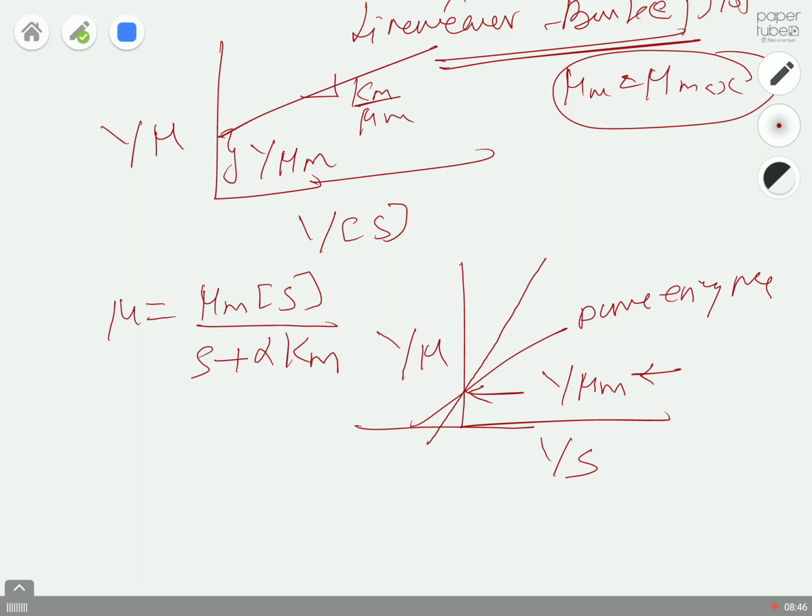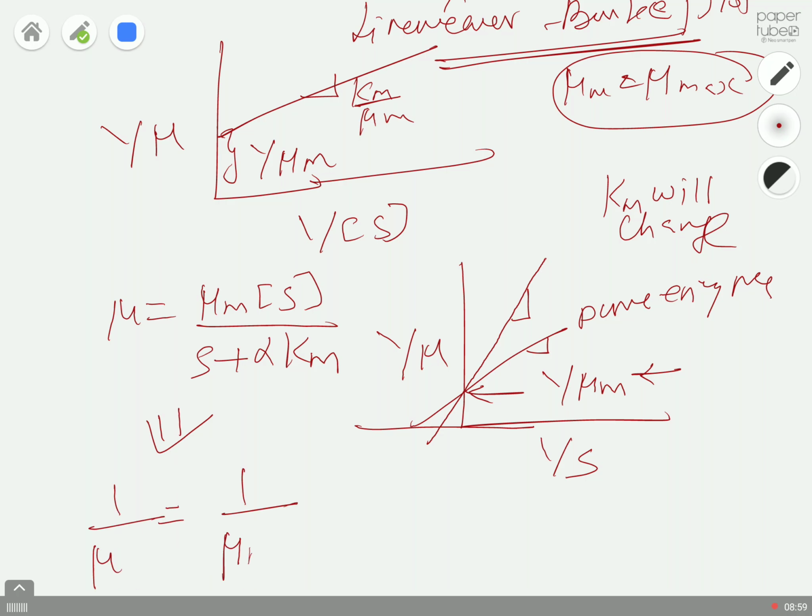But your slope will change, which means your Km value will change. So if you linearize this expression, you will get 1 by mu is equal to 1 by mu m plus alpha Km by your substrate concentration.